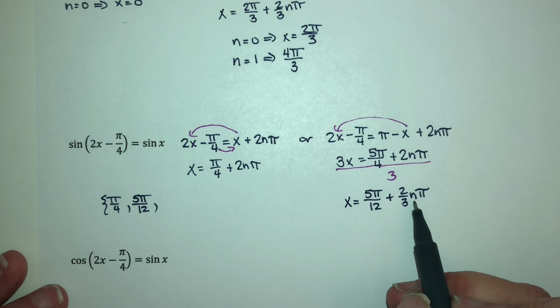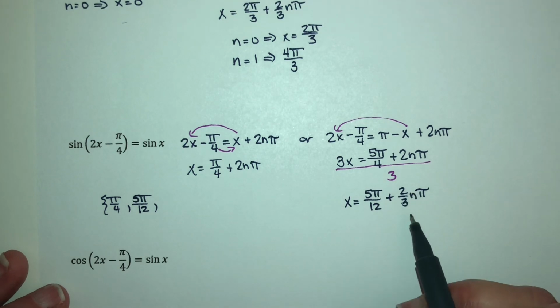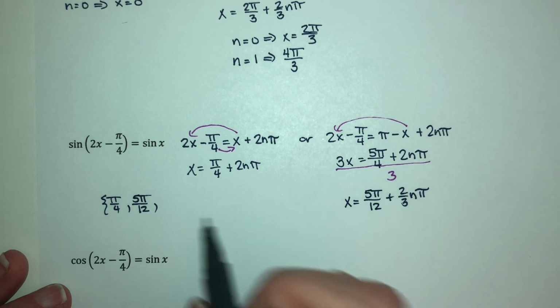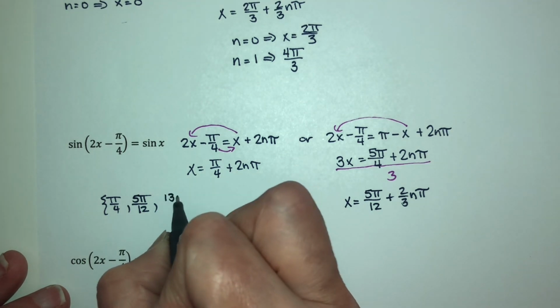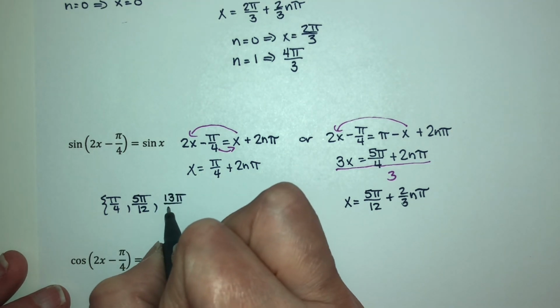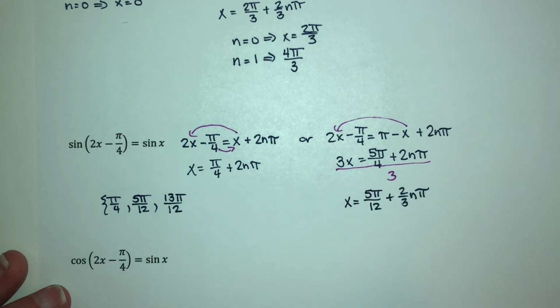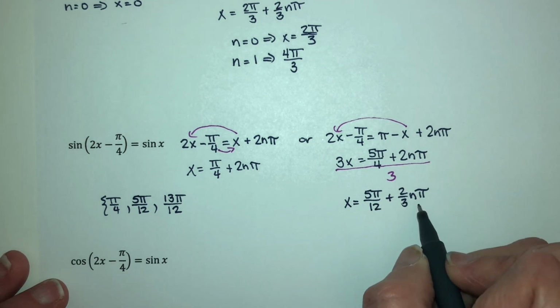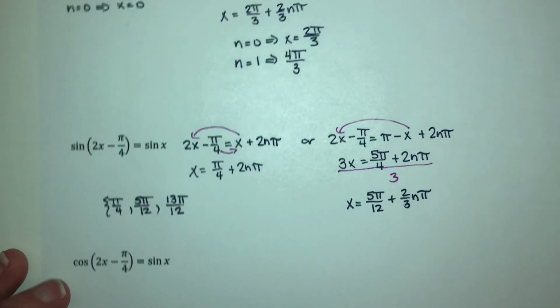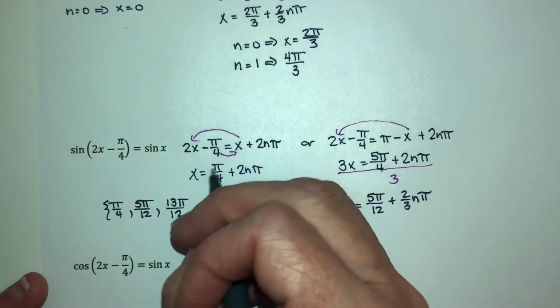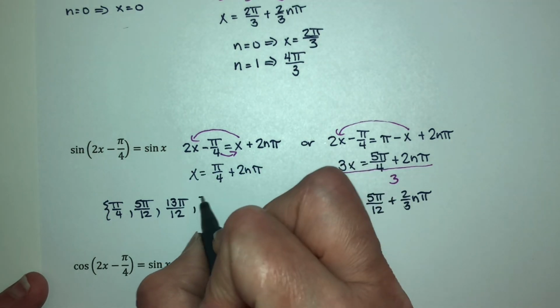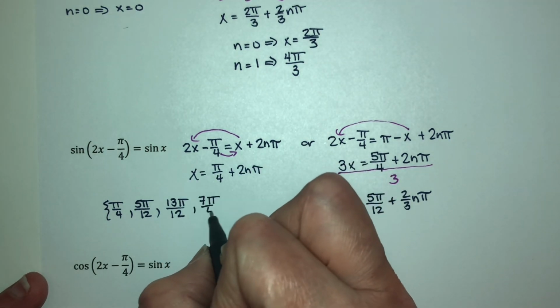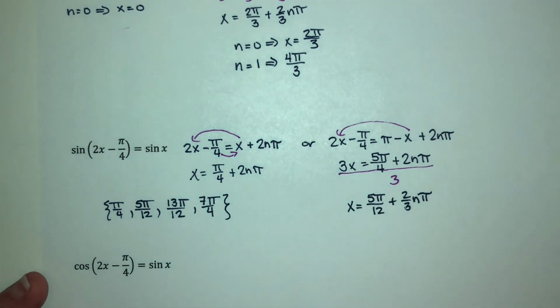If our n is 1, then we add 2/3 pi and we get 13 pi over 12. And then if our n value is 2 and we add 2 pi over 3 again, then we get 7 pi over 4. And if we do it again, then we are too large.